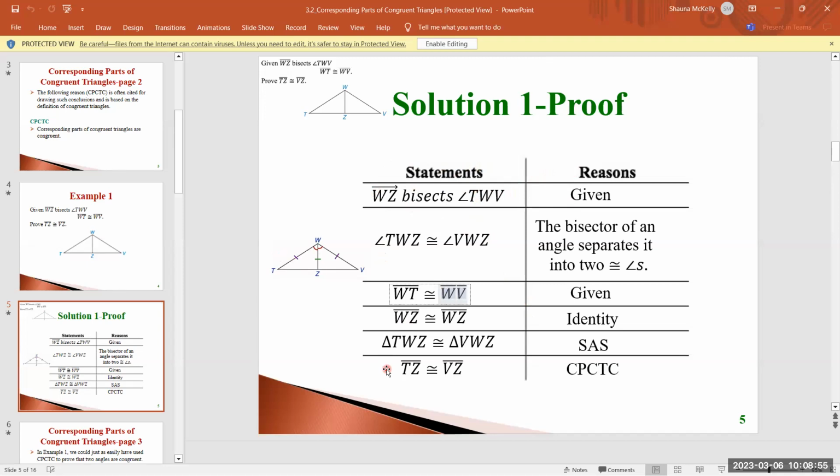It always ends with that. So the statements in between are the ones that you have to fill in. Okay. Yes. Got it.